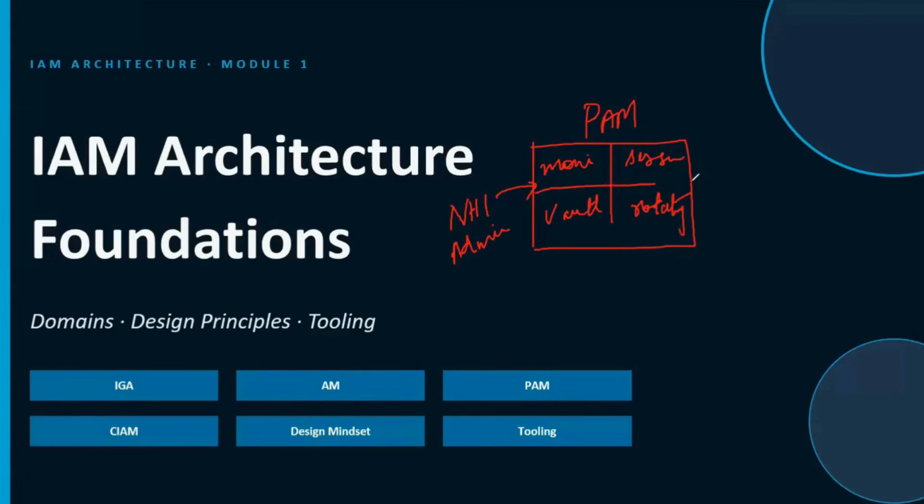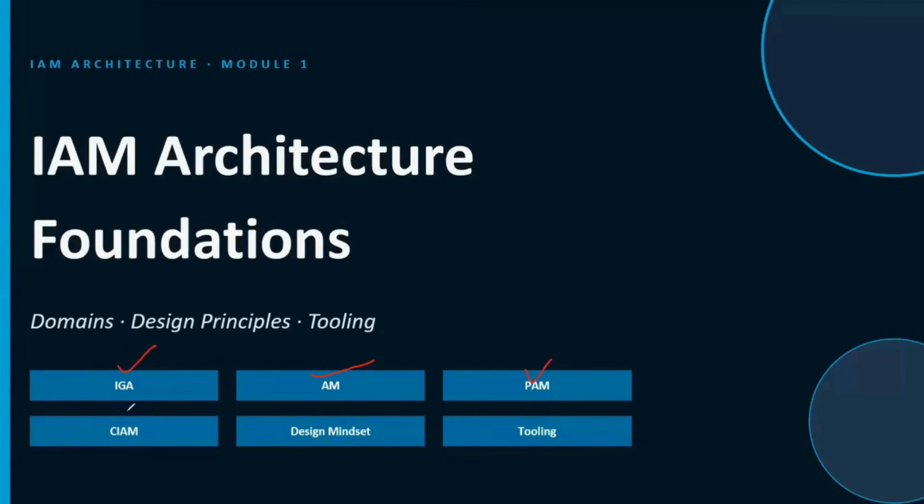All right, so these are the main 4 things we do within the PAM, specific to non-human and admin credentials, because again, they are really important assets within the organization. We do not do monitoring, session recording, all of that for regular human accounts, nor vaulting, nor rotation is manual.